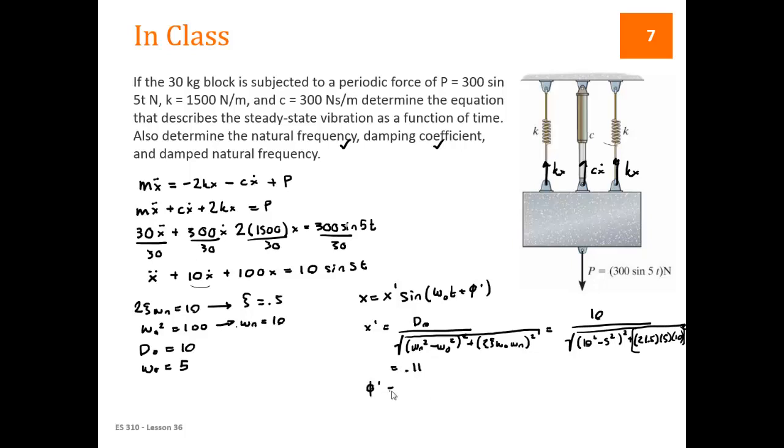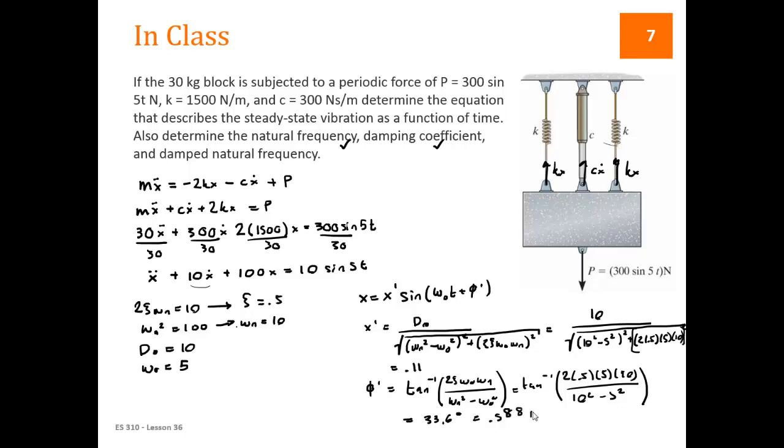Phi prime is equal to the inverse tangent of 2 zeta omega naught omega n divided by omega n squared minus omega naught squared. So the inverse tangent of 2 times 0.5 times 5 times 10 divided by 10 squared minus 5 squared. Plug that in, you get 33.6 degrees, but we need it in radians, so that's 0.588 radians.